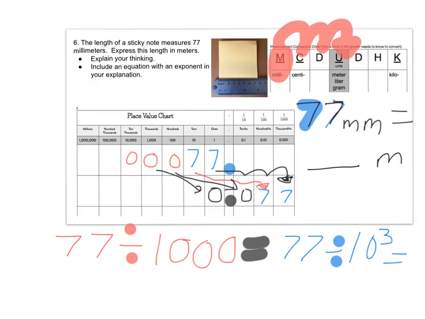I'm going to have to squeeze that in on the bottom here. So 0.077 meters, or 77 thousandths of a meter.